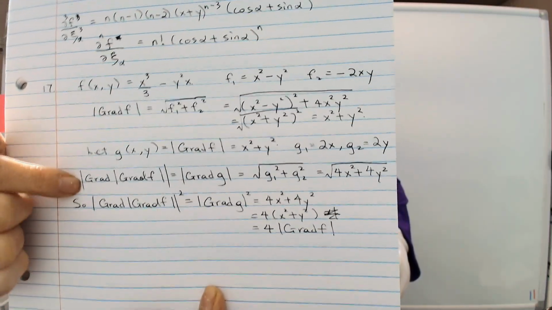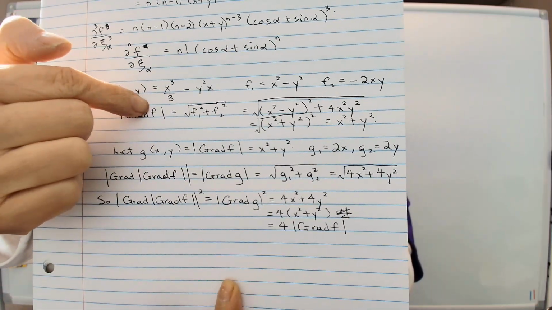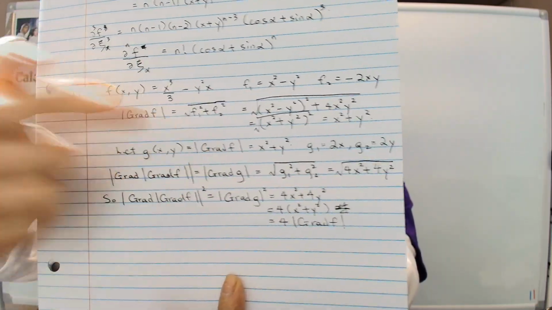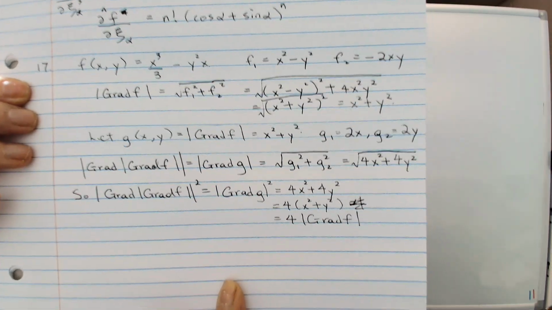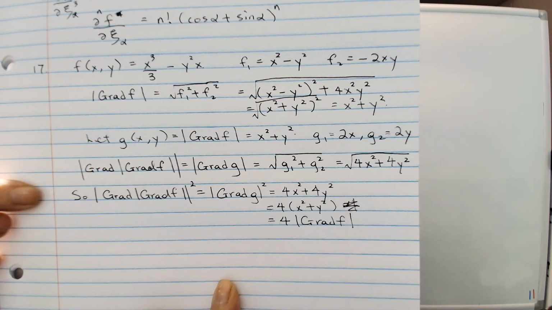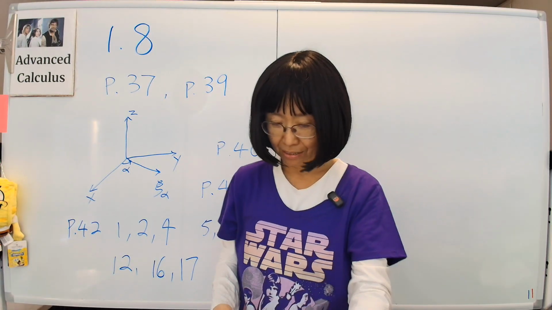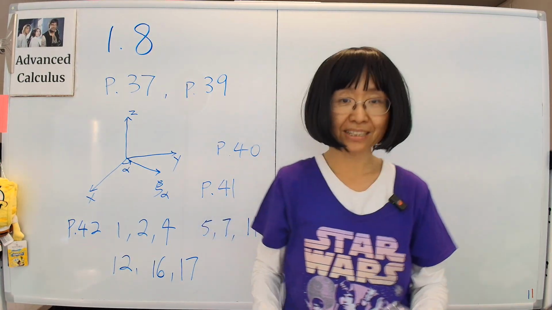That weird notation, that's all that means. So we're going to do grad g the same way we did grad f, which is the square root of g1 squared plus g2 squared. And once you realize that, the equation we're trying to prove comes out nice and easy. And that, I believe, marks the end of this section.